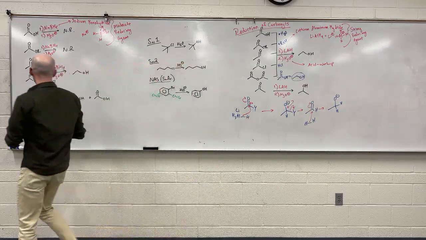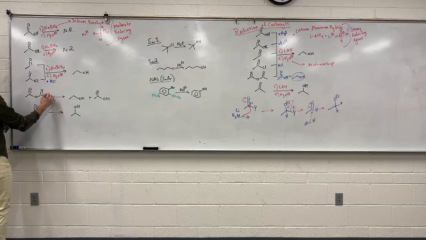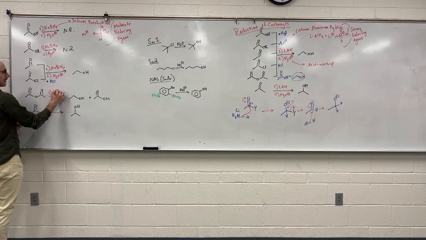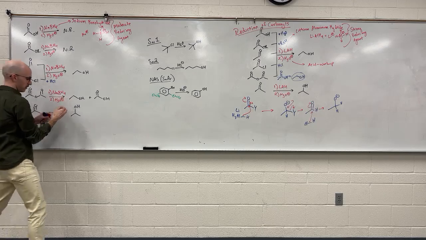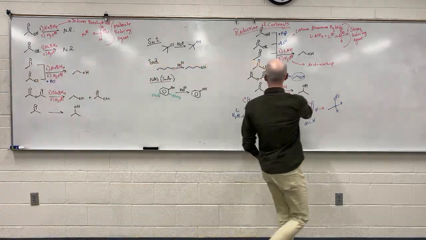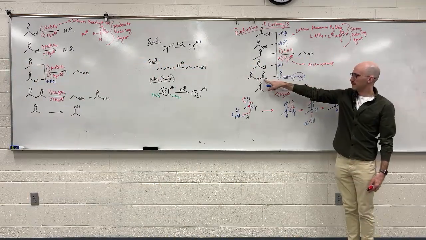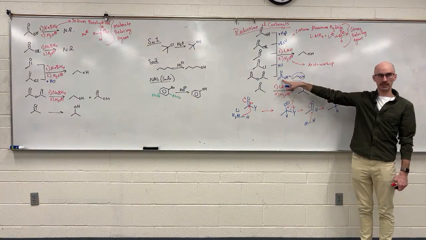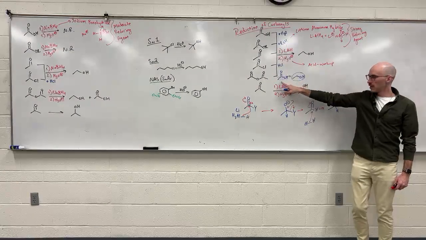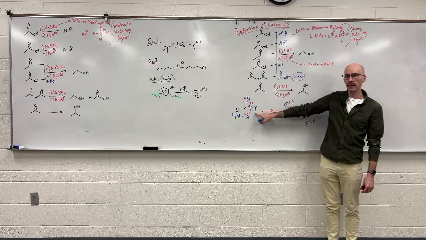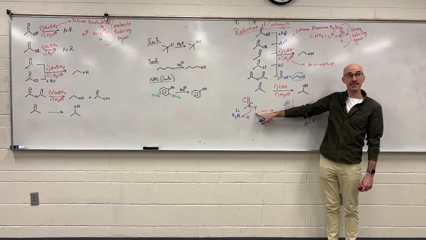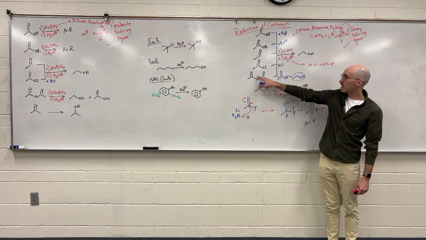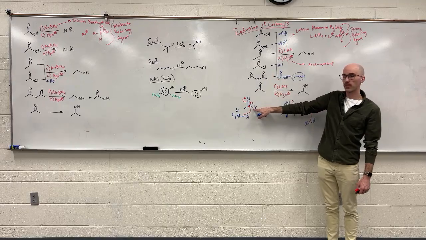But what about the acid chloride? I'm sorry, the acid anhydride. When I react with NaBH4, do you remember how earlier we said the acid anhydride produces a carboxylic acid? Right, so now let's say that Y is this oxygen bonded to another carbonyl group.